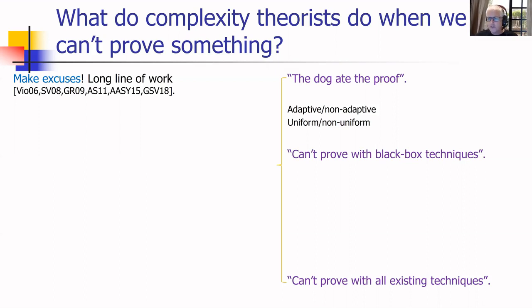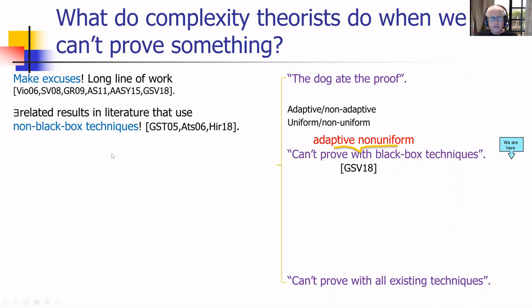But today, after this long line of work, in a recent work with Greenberg and Viola, we're able to prove that you can't solve these two open problems with adaptive non-uniform black box techniques. And this is the most general class of black box techniques that we can think of. So at the moment, in terms of excuses, we are here, right? This is the level of the excuse that we are achieving. You can't prove with black box techniques.